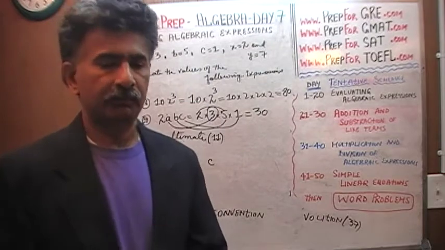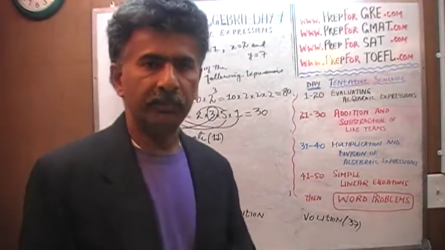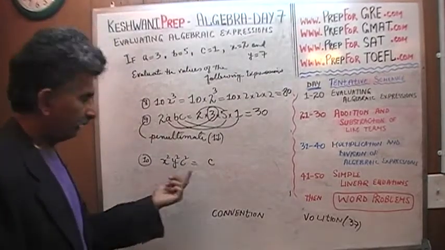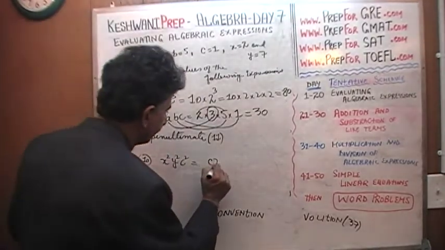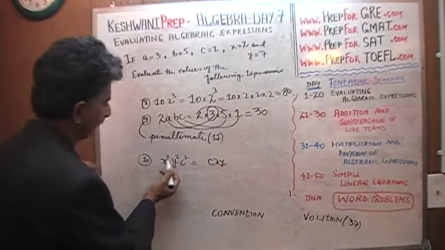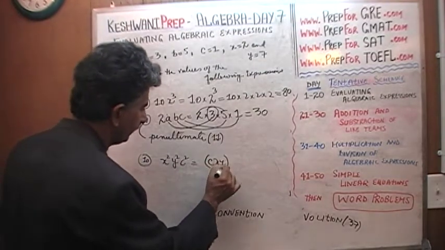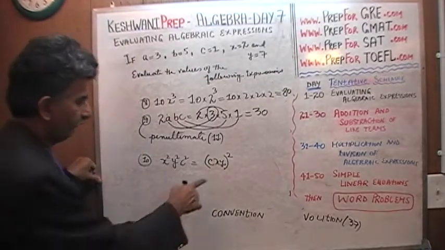It is preferable to put them in alphabetical order. But these are not. So I put c first, and then the x, and then the y, and because they have the same power, x squared, y squared, c squared, we could combine all 3 of them and put the power outside. And this is the same as that.